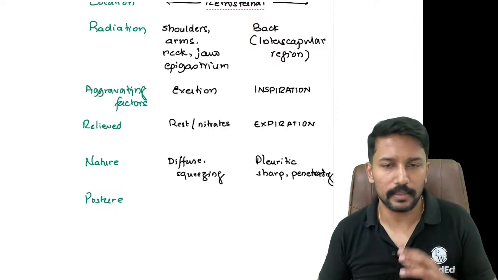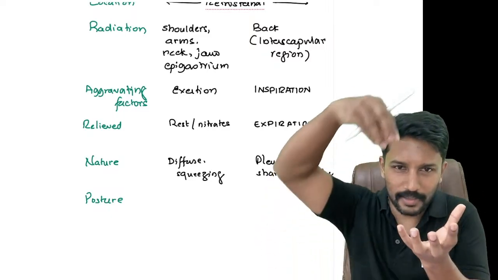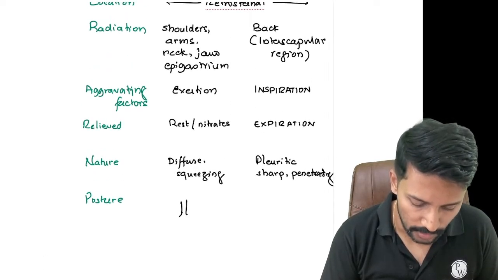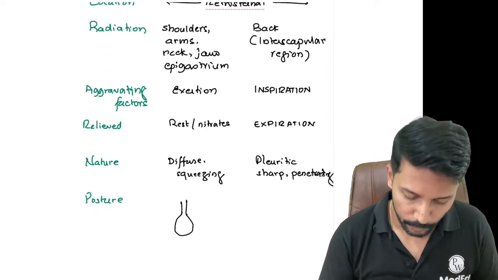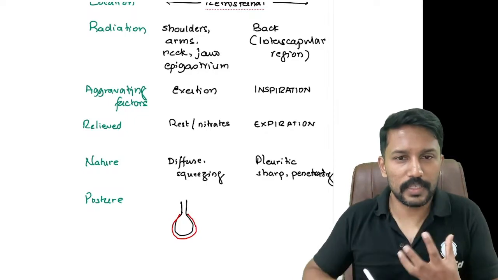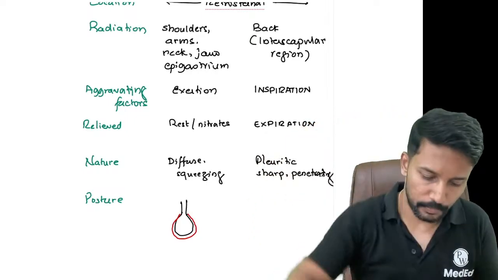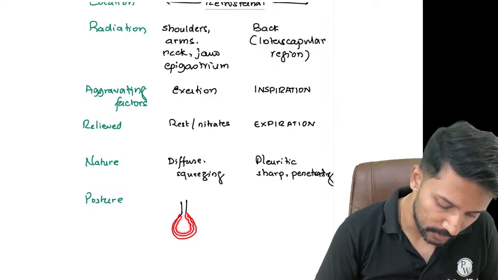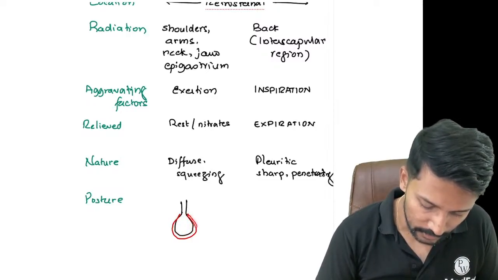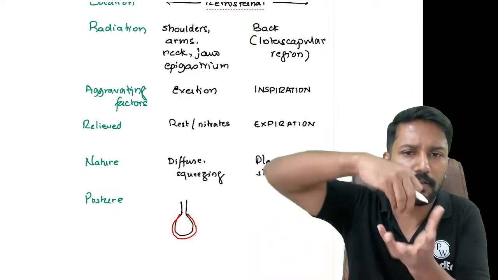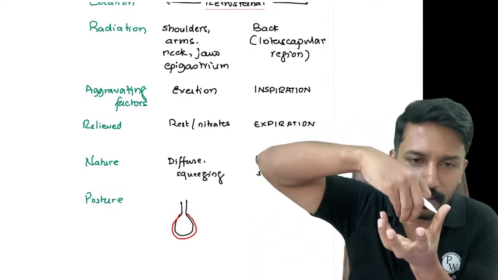What is the reason for that? The reason is your heart is suspended in the pericardial sac, right? You can think of it like this. This is your heart suspended in the pericardial sac. When you sit upright, the visceral pericardium, which is lining over the myocardium, and the parietal pericardium are well separated, and the same when you are leaning forward.